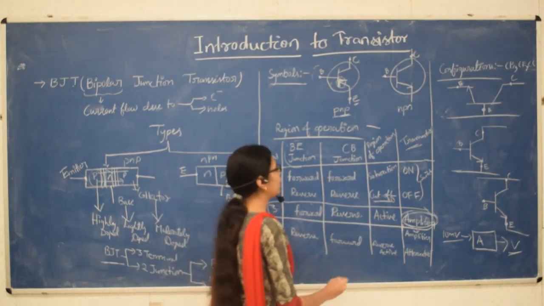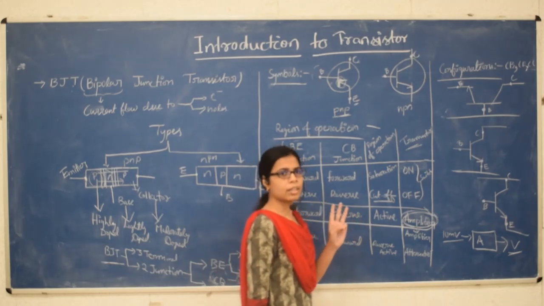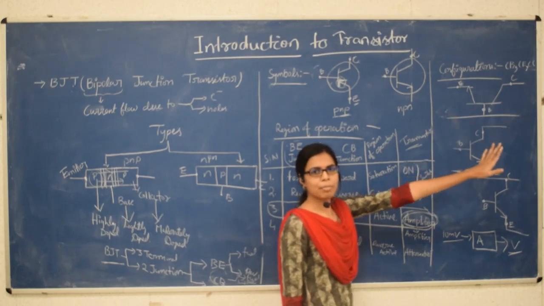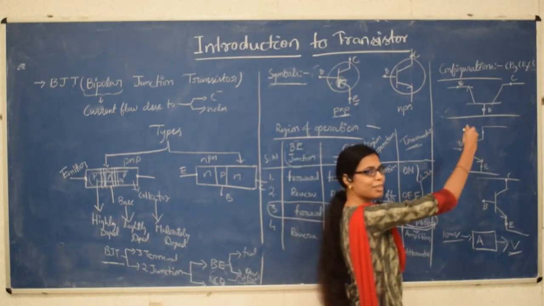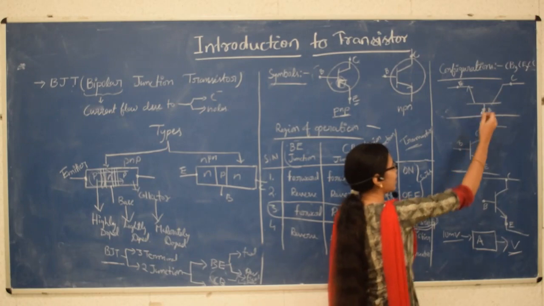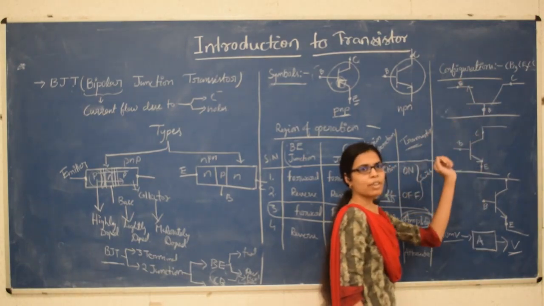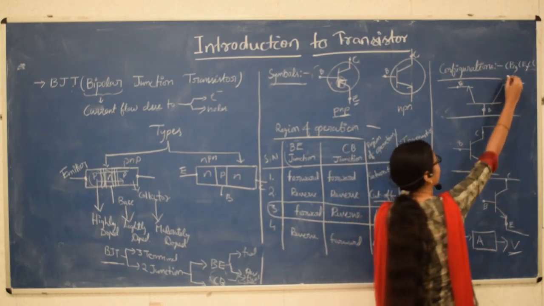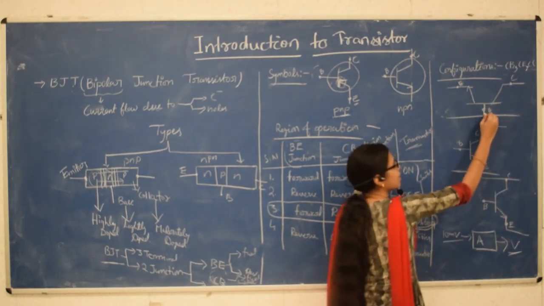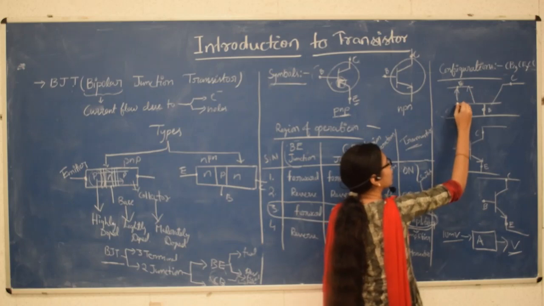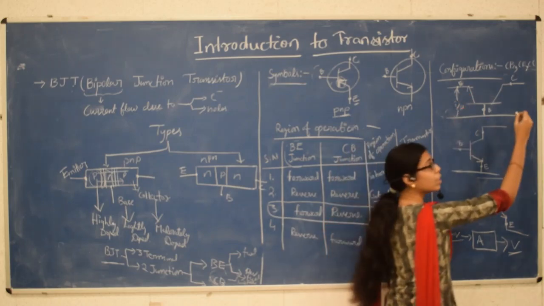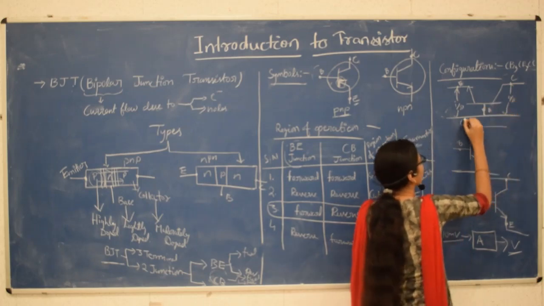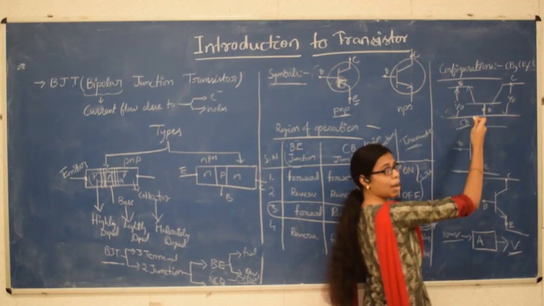See, we totally have three terminals. So one will be for input, one will be for output, and the third one will be common. So based on that we will be having 3 configurations. See here, if the base is common between the input and the output, that is called a common base amplifier.